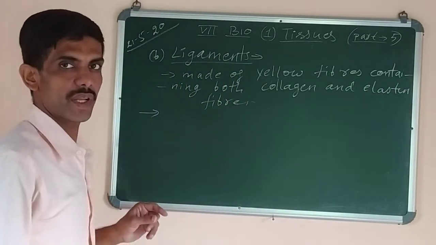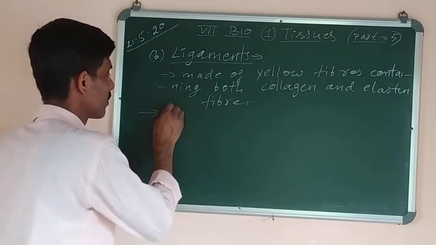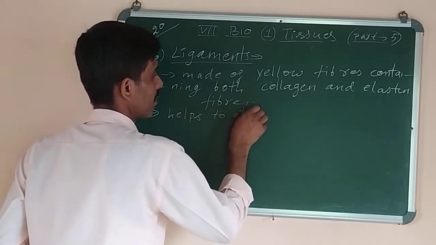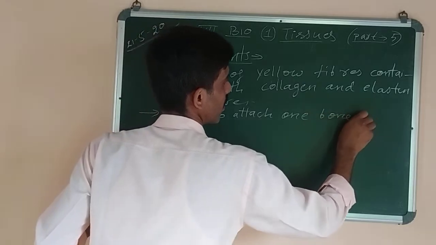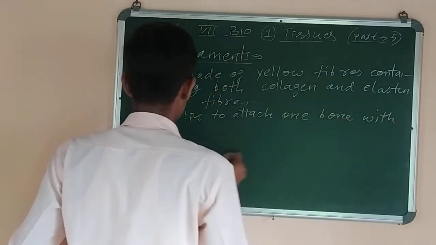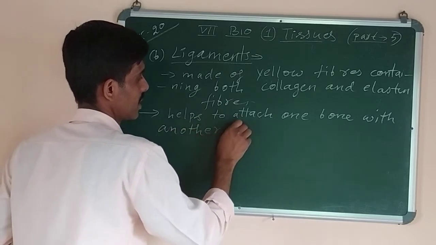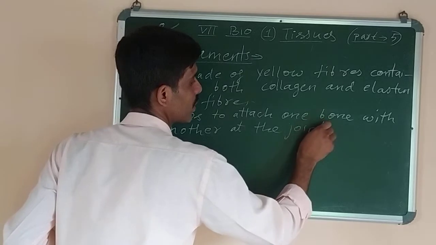And what is the function of ligament? It helps to attach one bone with another at the joints. What is a joint? A joint is the place where two bones meet.